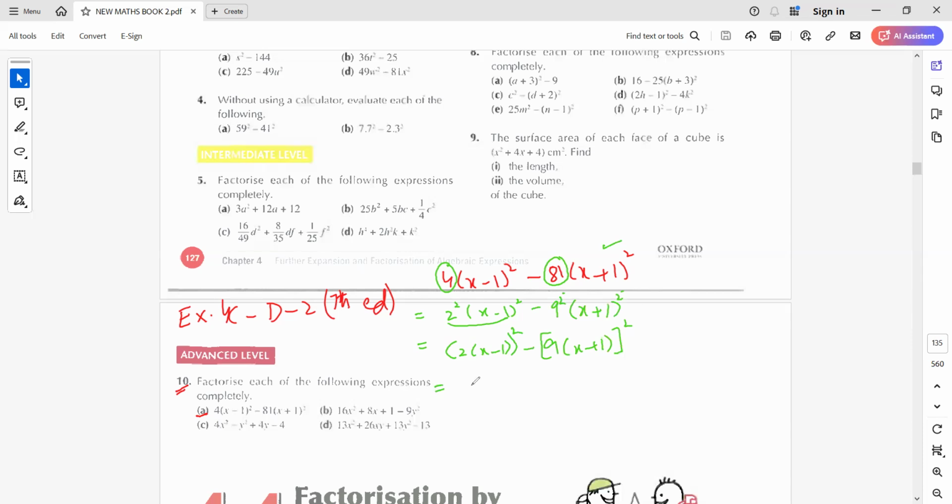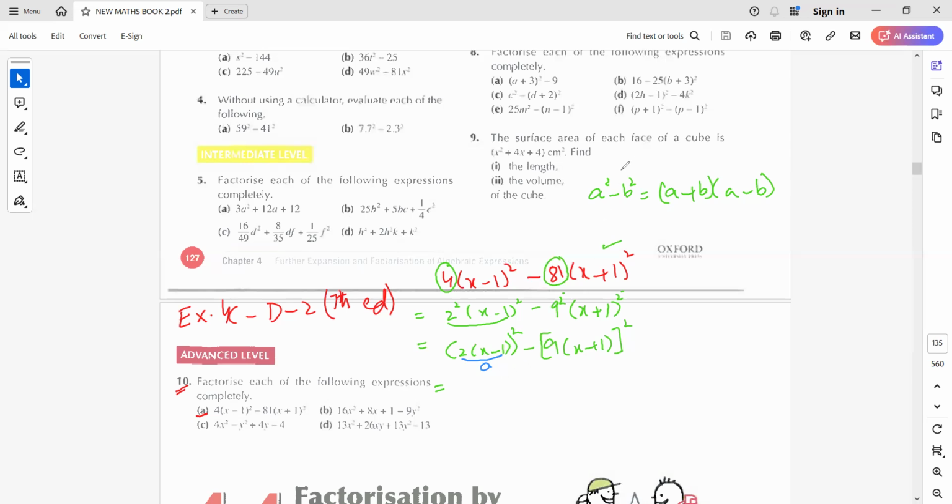Okay, then it is going to be the application of the third identity, a squared minus b squared equals a plus b times a minus b. So in this case now, this is the first term a, that is 2 times x minus 1.